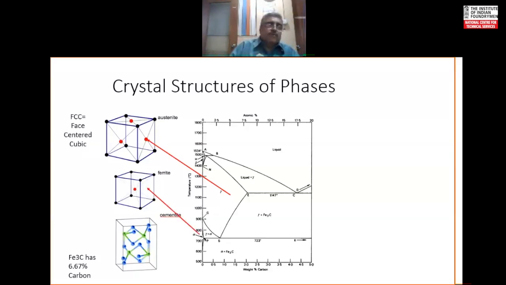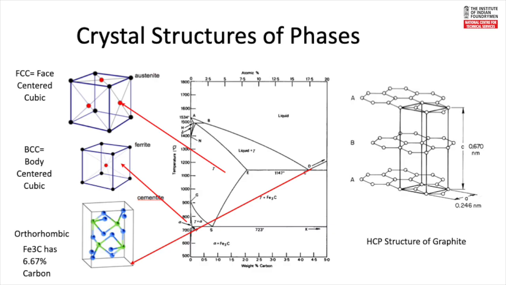So the first one we call the FCC structure, and ferrite has a body-centered cubic structure. Cementite has a little more complex structure, where you can see these green balls, which are the carbon atoms, and the blue ones are 12 iron atoms. It is an orthorhombic structure.